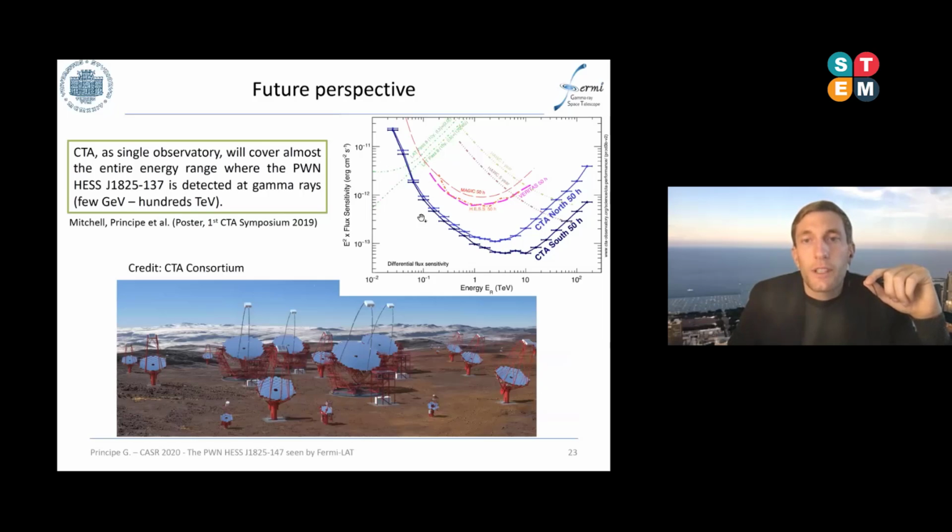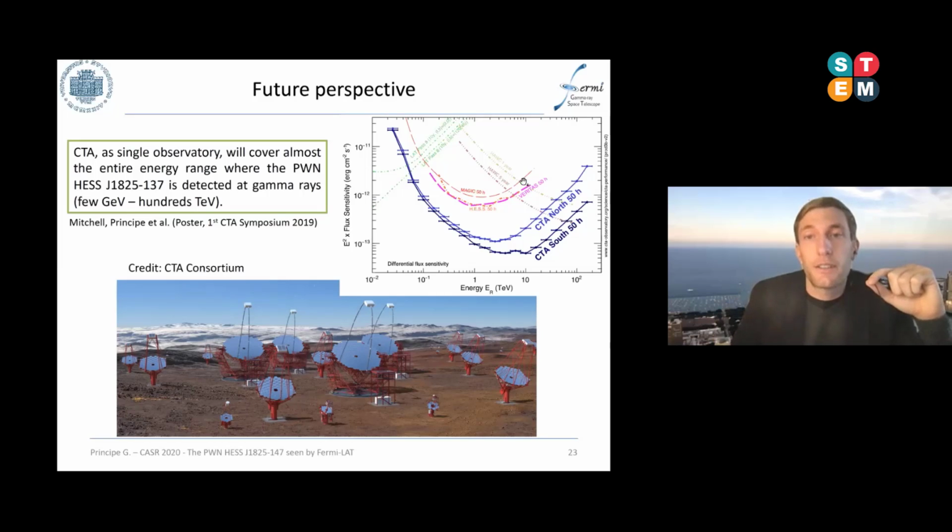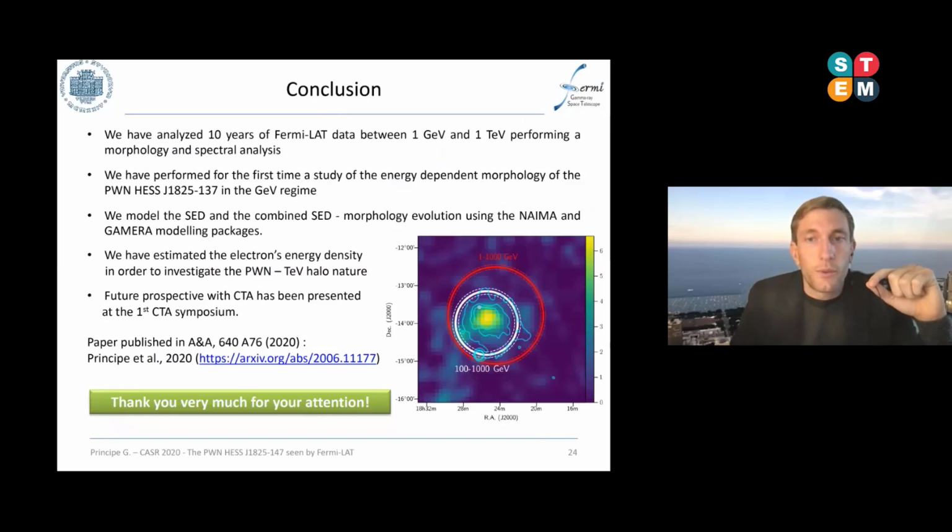In a unique instrument, it can cover what at the moment Fermi-LAT, the Cherenkov telescopes, namely MAGIC, HESS or VERITAS, and then also HAWC, the water Cherenkov telescope, are covering. So with a telescope array of different sizes, CTA will be able to observe what we see at the moment with three instruments.